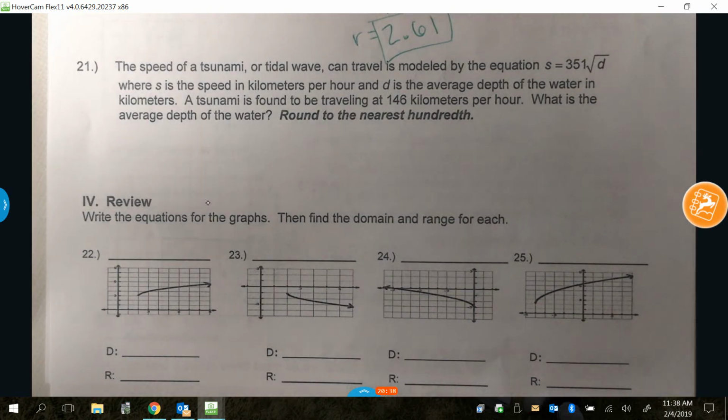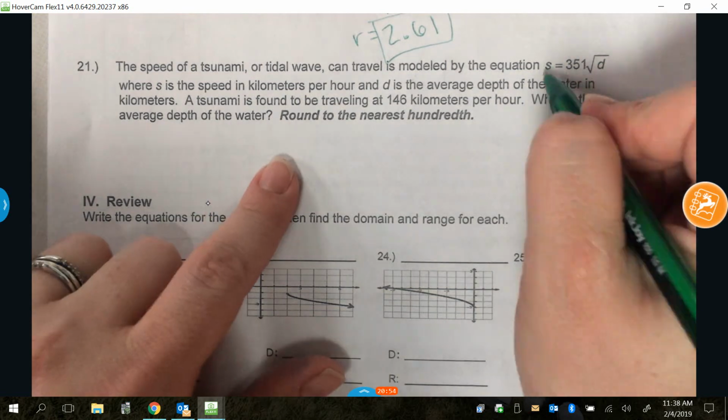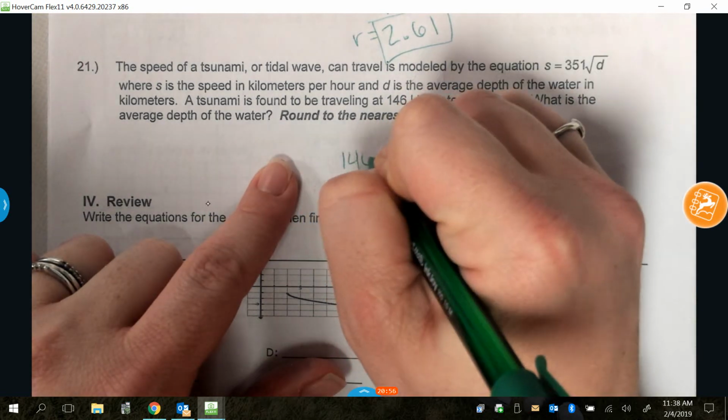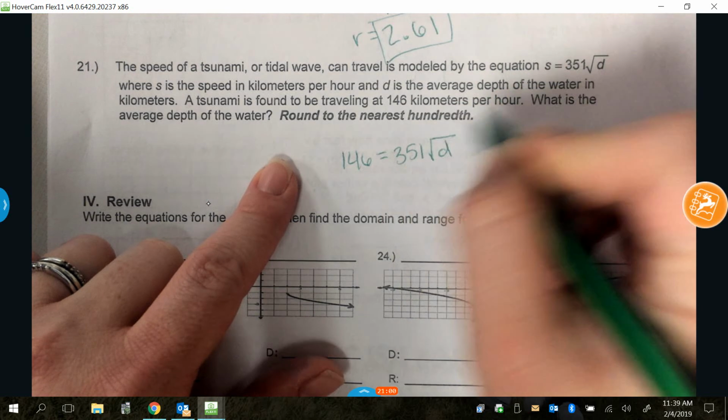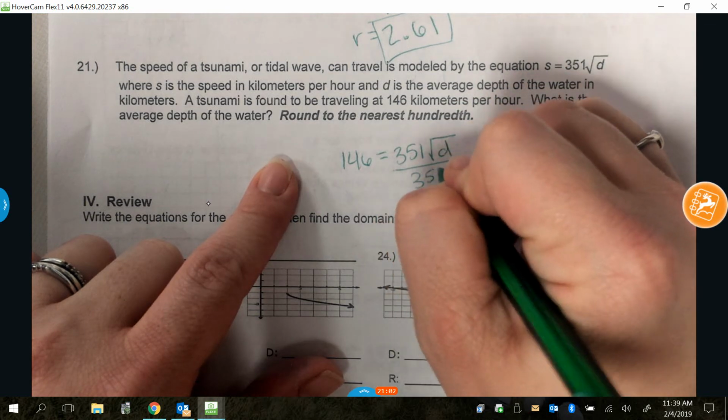It says the speed of a tsunami or tidal wave can travel is modeled by this equation, where S is the speed in kilometers per hour and D is the average depth of the water in kilometers. A tsunami is found to be traveling 146 kilometers per hour. What is the average depth of the water? So that's our speed. 146 equals 351 square root D. So I'm going to divide both sides by 351.